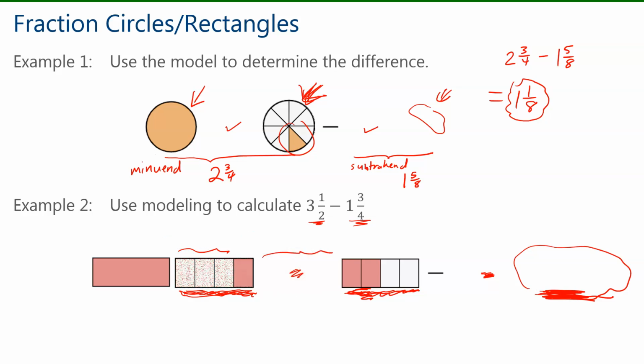We take those away and we look at what we're left with. Now I have a partially shaded whole in my minuend and another partially shaded whole in my minuend. We're going to combine those. So I'm going to take that 1/4, pop it over with the 2/4. We now have one whole and 3/4 of another remaining.